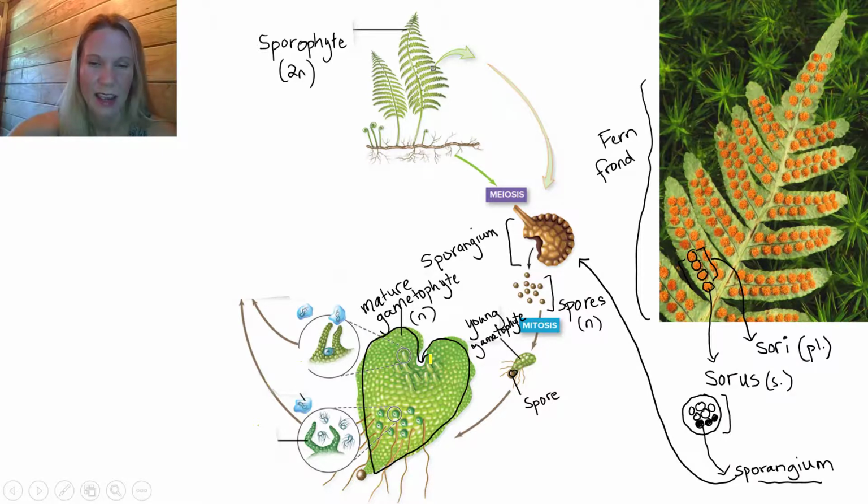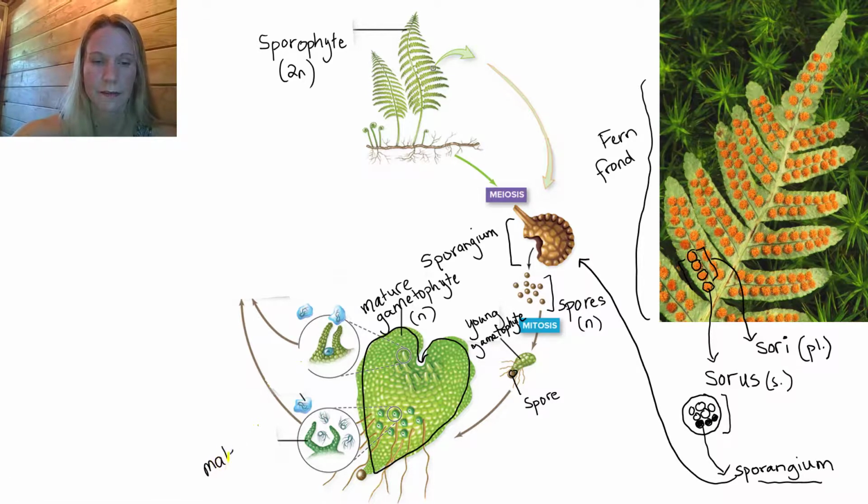Okay. So the heart-shaped gametophyte, this is the mature gametophyte. Now it has structures on it that make the egg cells, and it has structures on it that make the sperm cells. So we differentiate those by calling the structures that make the sperm the male gametophyte.